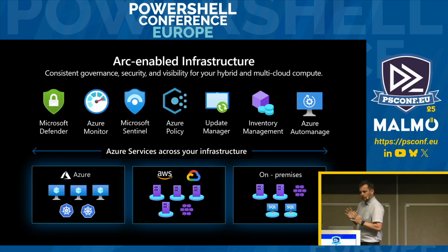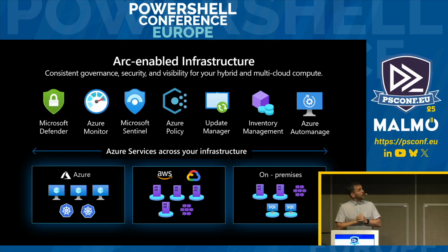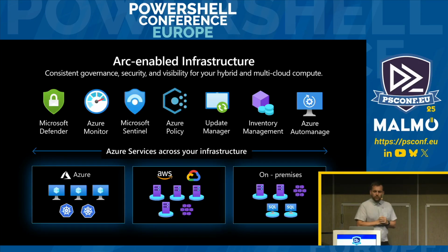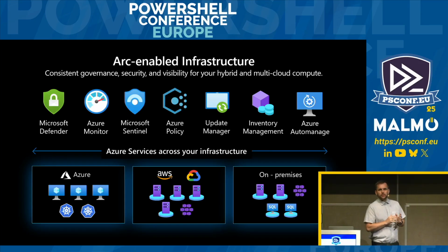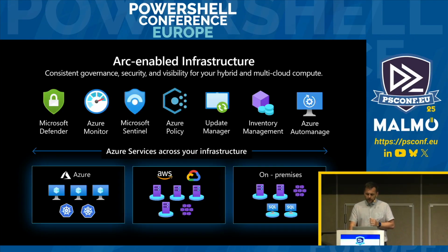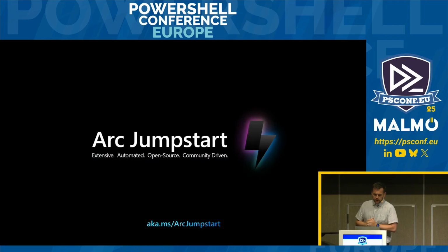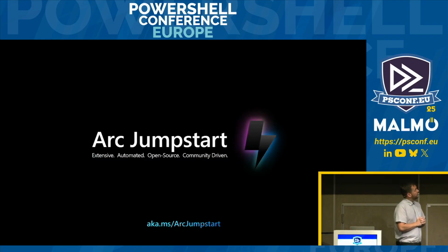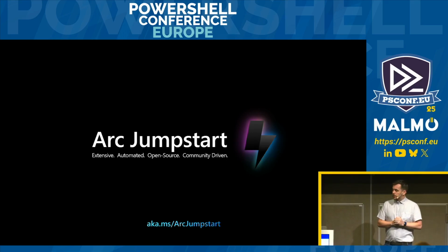So the focus for today's session is to have a look at what PowerShell capabilities we can use to manage our servers based on the server being Arc enabled. As part of the demo today, we are going to leverage the Arc Jumpstart. If you have not used it before, I'll also have this link in the resources at the end.